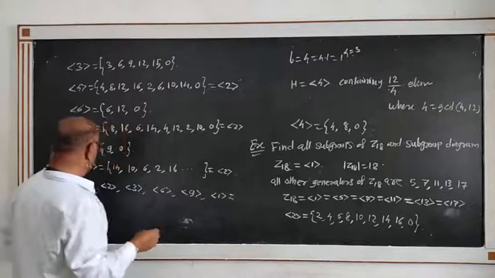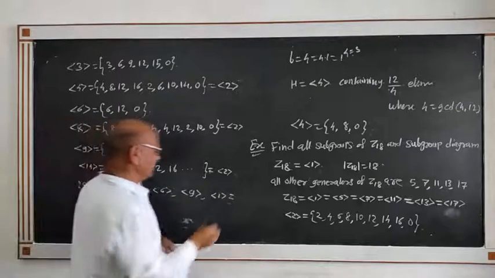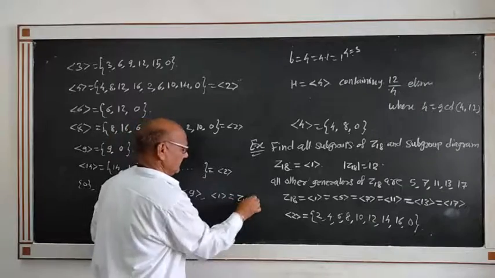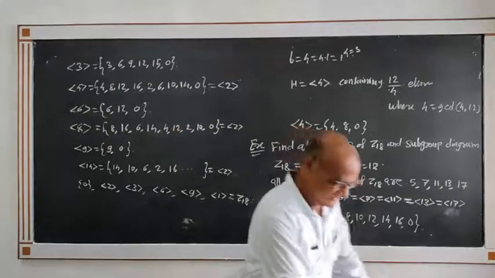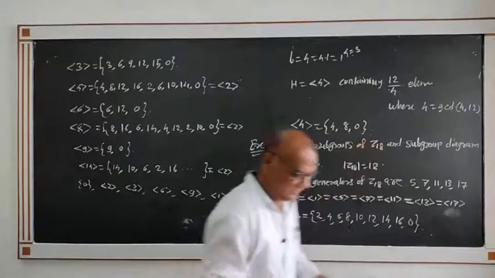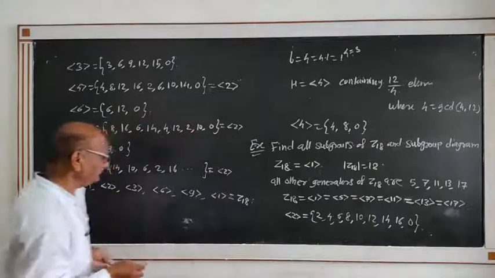This is improper. 1, 2, 3, 4, 5, 6. This is Z18.